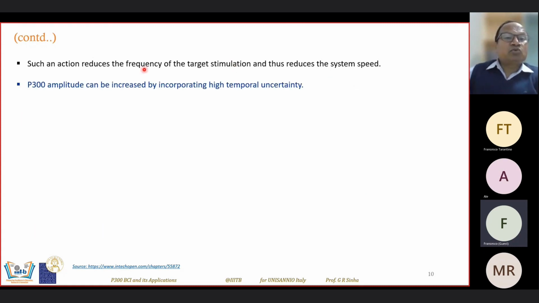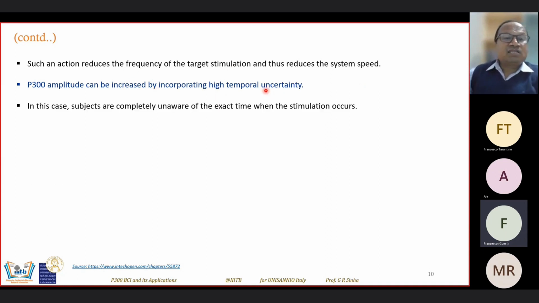P300 amplitude can be increased by incorporating high temporal uncertainty. In this case, subjects are completely unaware of the exact time. So when there is complete temporal uncertainty about what is going to come in front of a person on the monitor or display, what will happen?